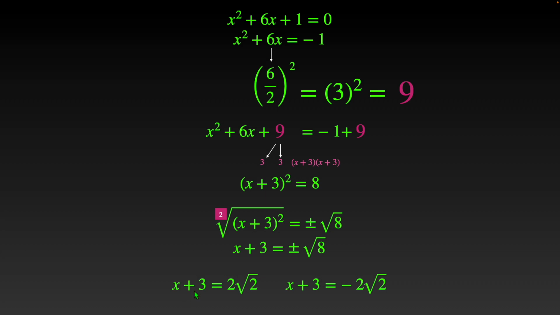We'll subtract 3 on the left-hand side and on the right-hand side, and we'll do the same thing with this equation. So we'll get the following. x equals 2 radical 2 minus 3, and x equals negative 2 radical 2 minus 3. And those are the answers.